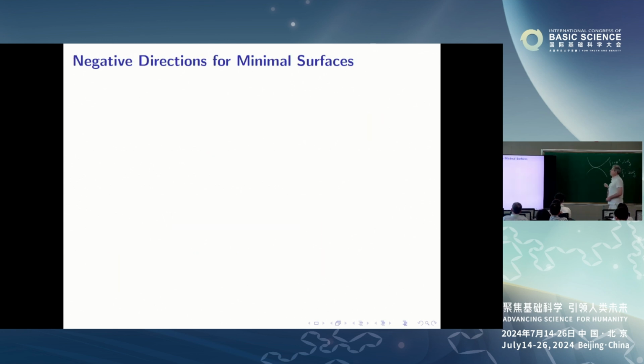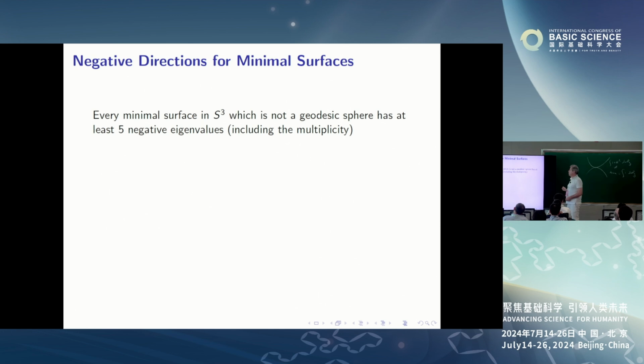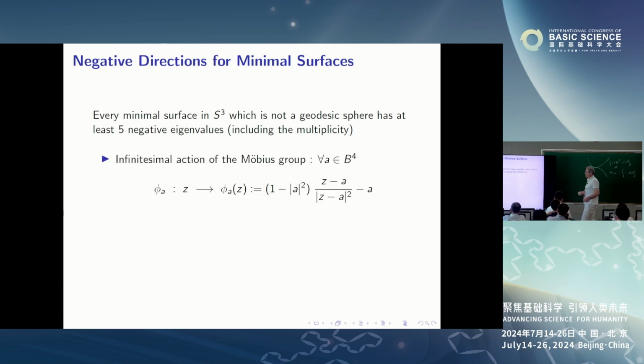So there are some negative directions for minimal surfaces there. There are two styles of negative directions. If you take a minimal surface, which is not a geodesic sphere, it has at least 5 negative eigenvalues, including the multiplicity. The first ones are coming from the action of the Möbius group.